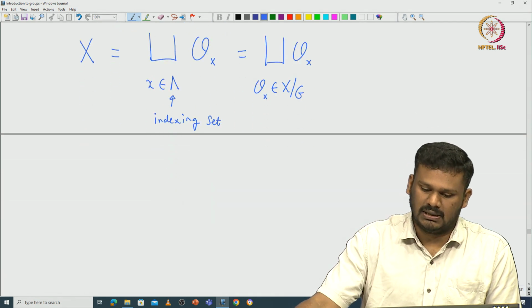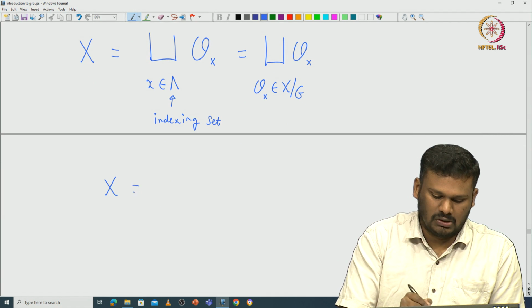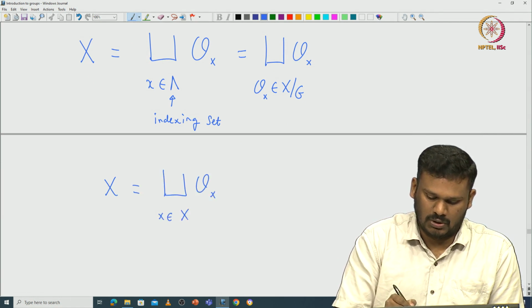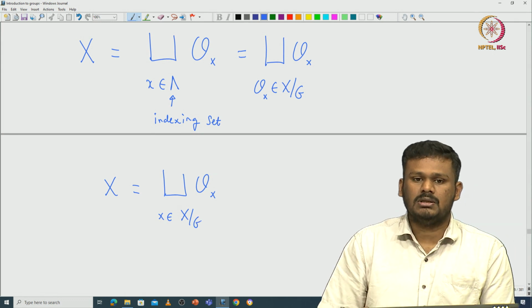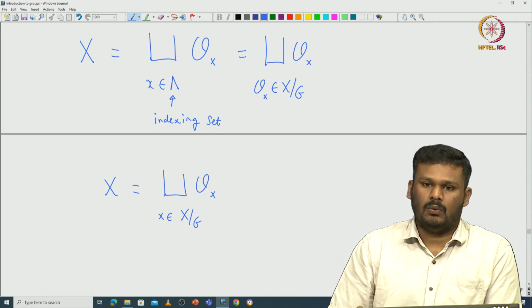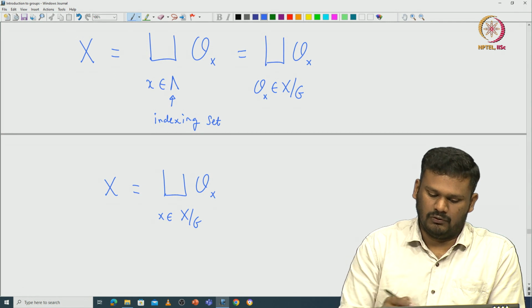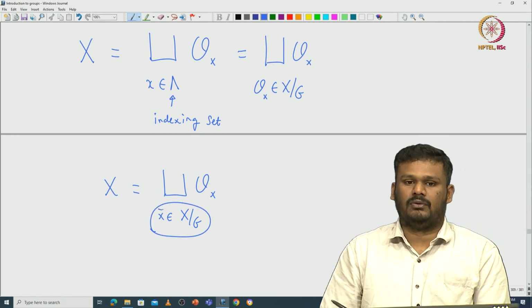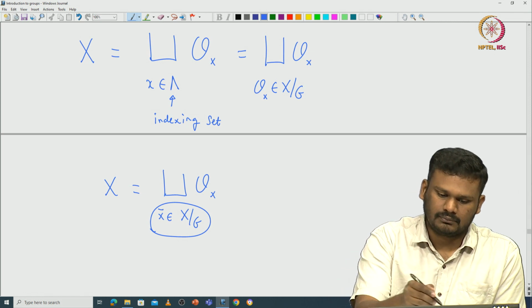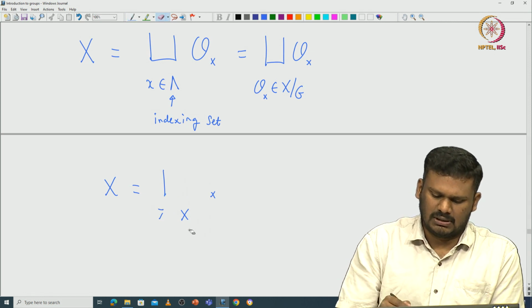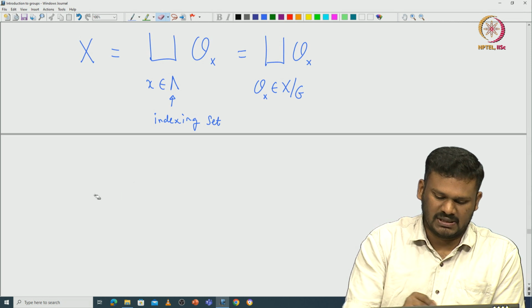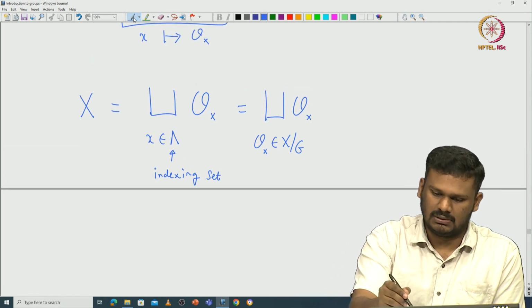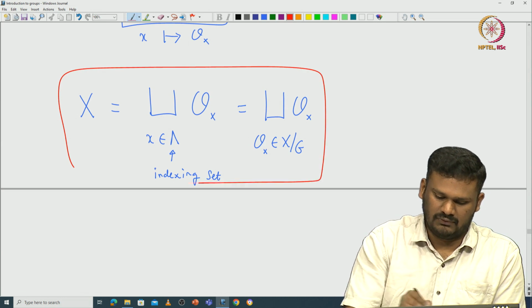Sometimes we identify capital Lambda with X mod G. So, we rewrite the same thing as X equal to the disjoint union of O_x, x in X mod G. It is understood what it means. For example, if you are not comfortable with this identification, you can put x bar if you want. But let us not use this; to emphasize what we are indeed doing, let us use this. So, this is what we are going to use.